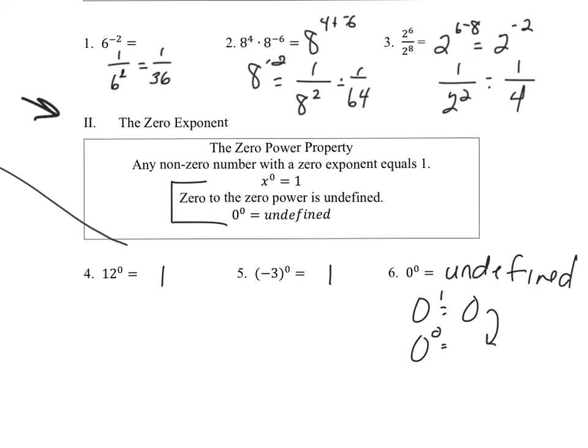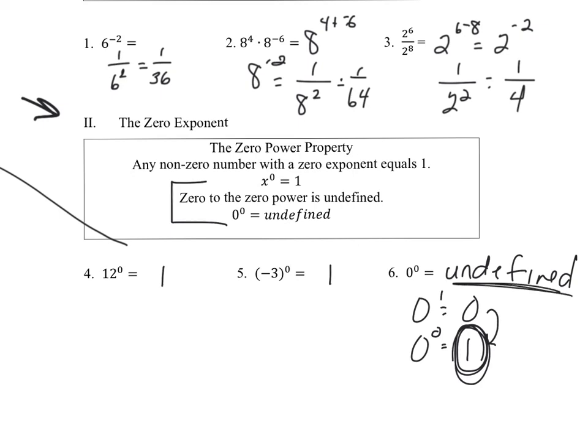Anything to the 0 power is considered 1. How can I divide that factor of 0 out and create something? I can't create something. It's that wonky rule of any value divided by 0 is going to be undefined because I can't create something out of nothing. So 0 to the 0 power is always considered undefined.